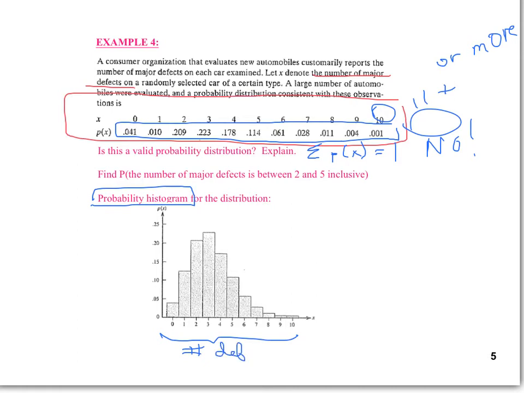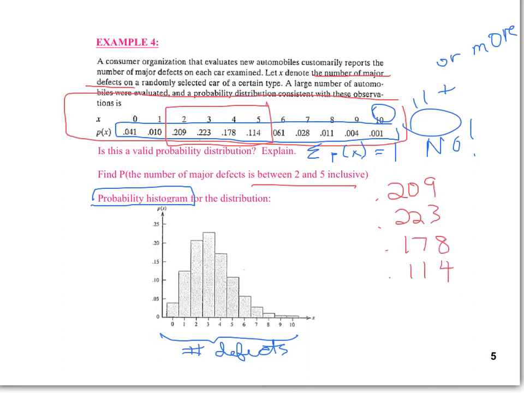And so if I want to know the number of major defects between 2 and 5, inclusive, so that means including 2 and 5, we would just add 0.209, 0.223, 0.178, and 0.114. Okay, and that would be the probability of the number of major defects being between 2 and 5 inclusive, whatever that ends up being.